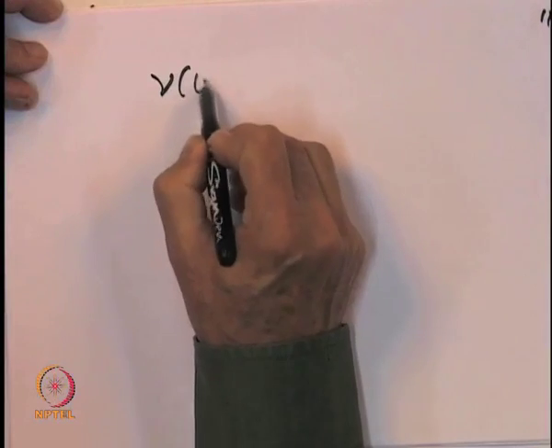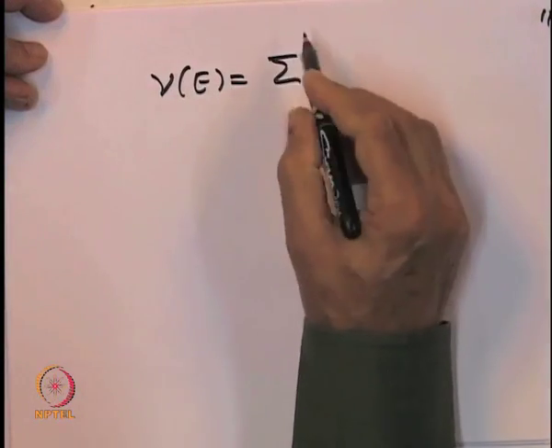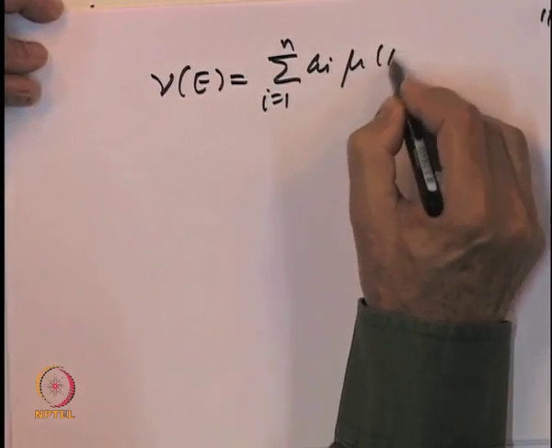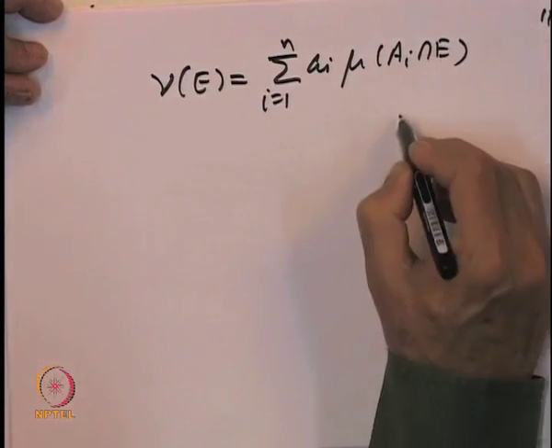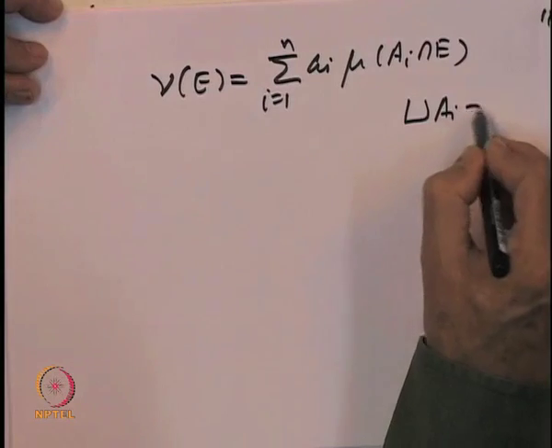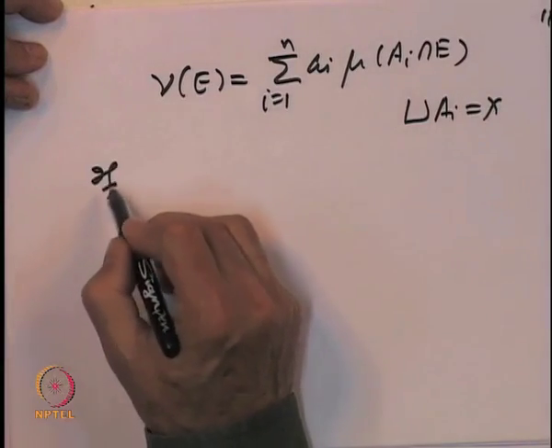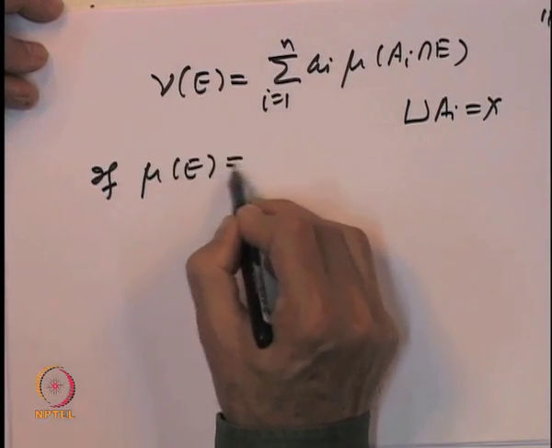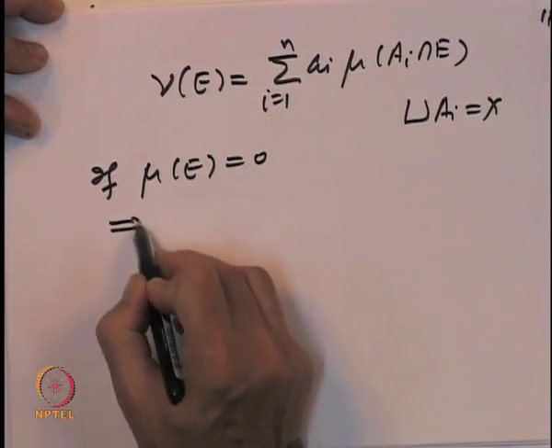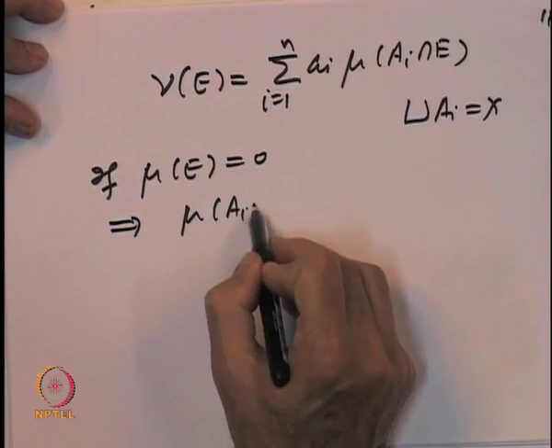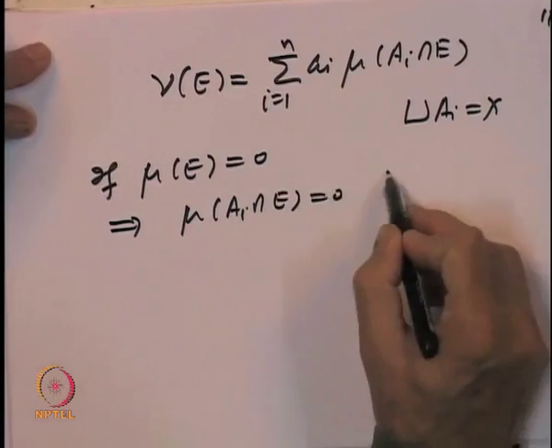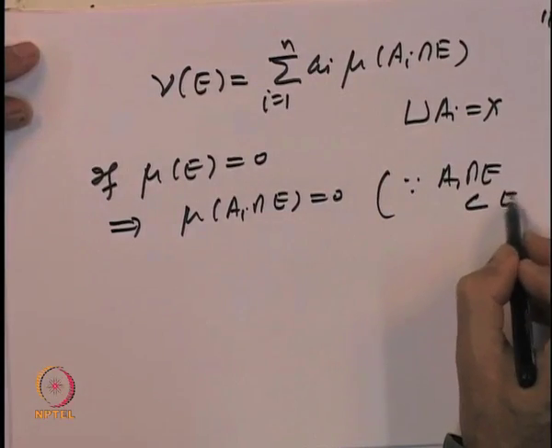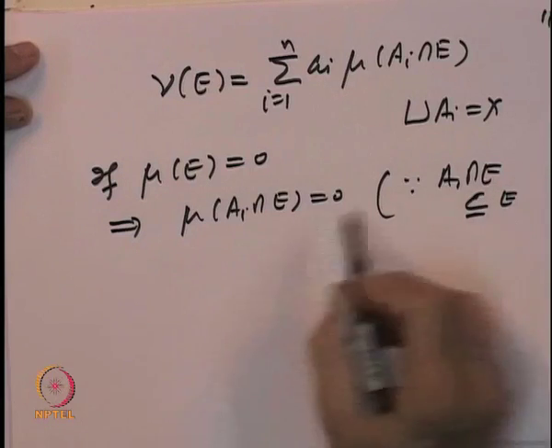The nu of E is defined as summation i equal to 1 to n a_i mu of a_i intersection E, where the union of the a_i's is equal to X. So, if mu of E is equal to 0, that will imply that mu of each a_i intersection E is also 0, because a_i intersection E is a subset of E and mu is a measure.